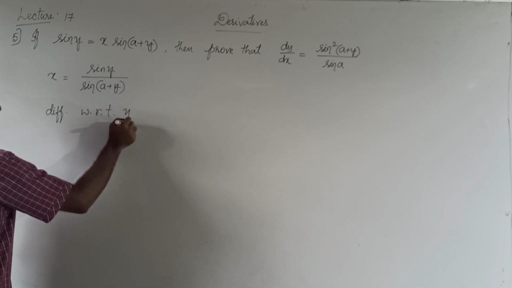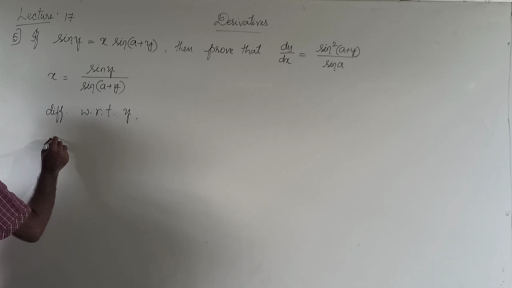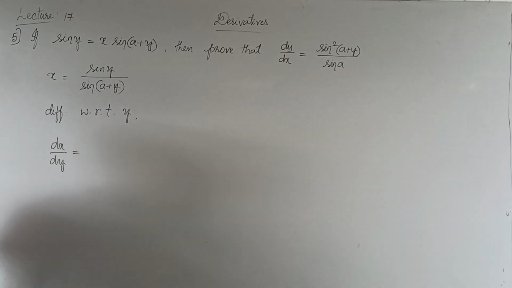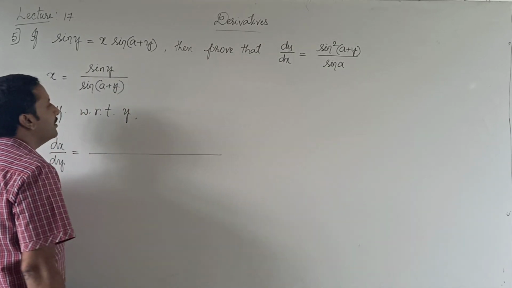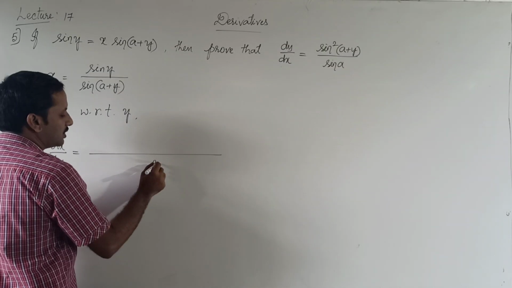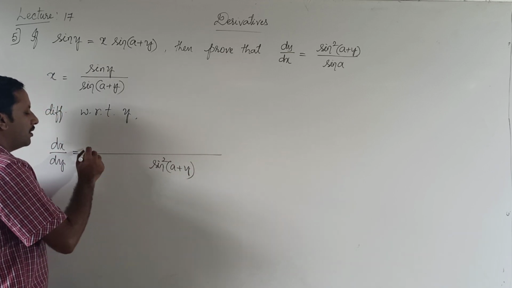Differentiating with respect to y, we get dx by dy is equal to, in the denominator, sin a plus y is there. So I am using the quotient rule. So sin square a plus y. Here what do we get?